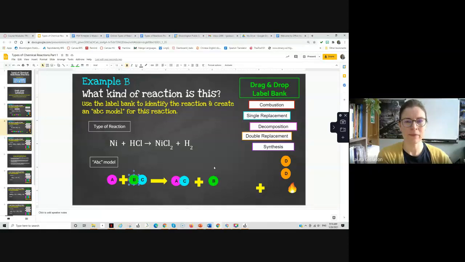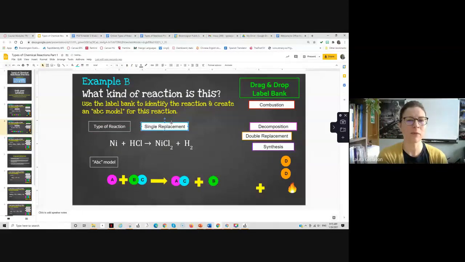Okay? So does anybody know what type of reaction this is? Where we have a single element with a compound, and that element changes places with one other element in the compound? Michelle, good work. Michelle said single replacement, and that is correct.